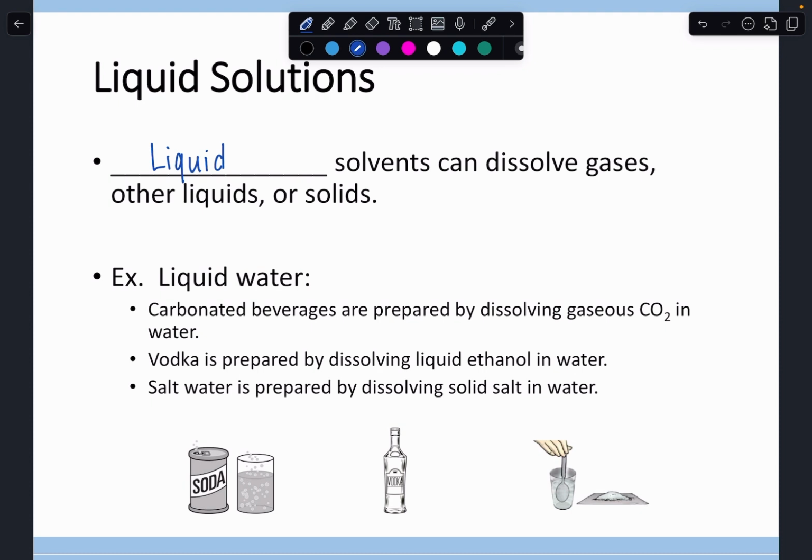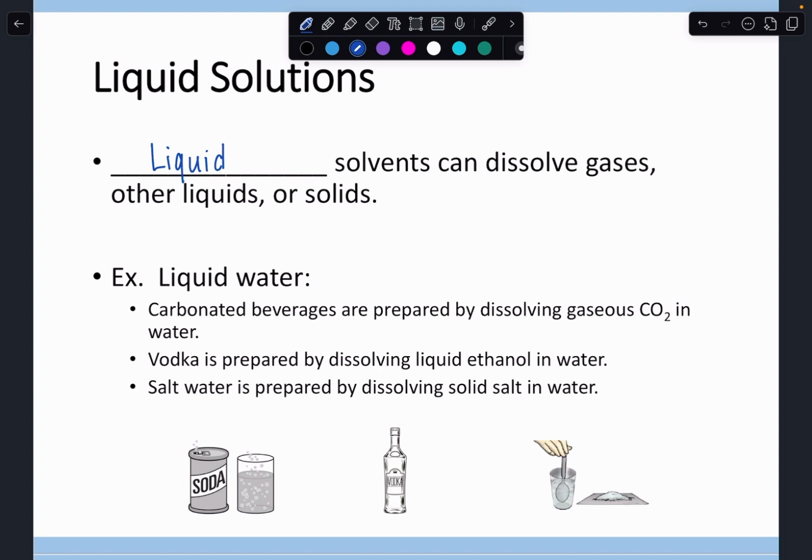That's also why when you leave your pop can open or the bottle open, it ends up becoming flat. All of the CO2 evaporates out of the solution. But when it's capped and closed, those CO2 gaseous molecules are forced to remain in the liquid. Okay, so that's gas dissolved in liquid.